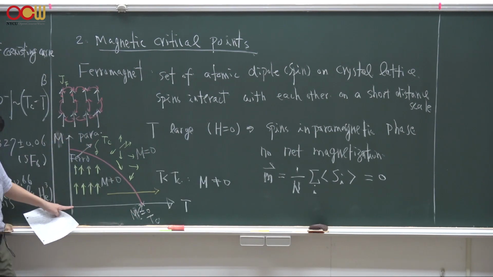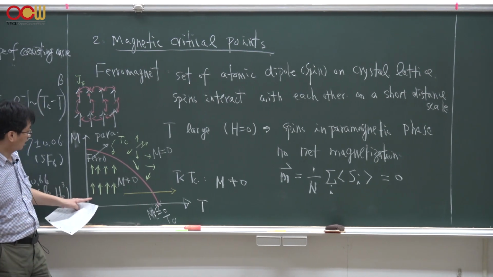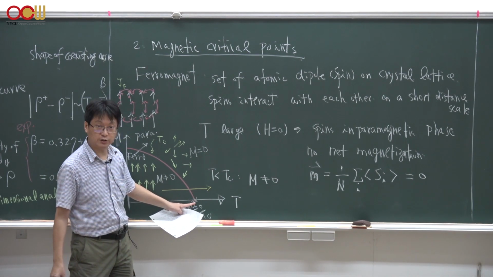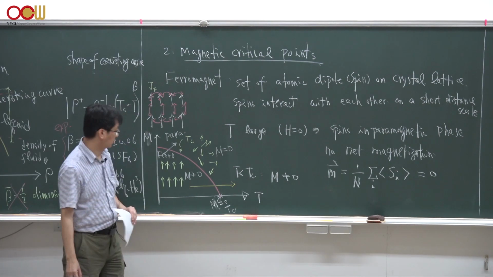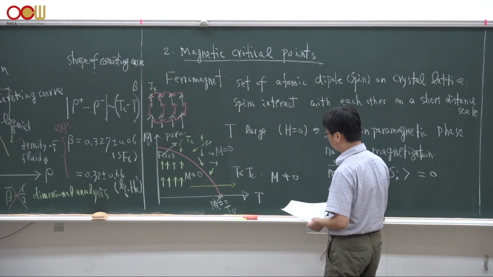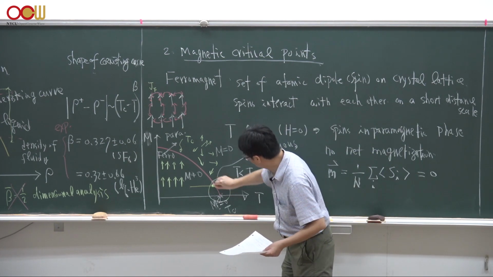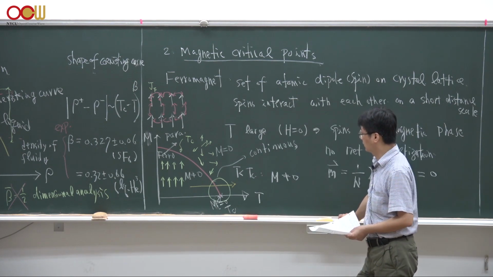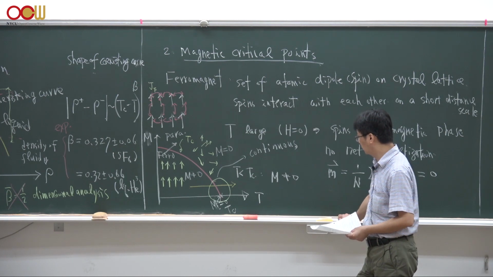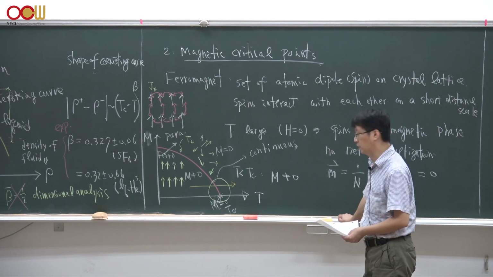We can probe this experimentally by increasing the temperature of the system, and the magnetization starts to decrease, and then finally when the temperature reaches Tc, you reach the paramagnetic state. This transition is actually continuous, and we are interested in this region where the magnetization almost vanishes near Tc, and we want to see how the magnetization behaves as a function of T minus Tc.